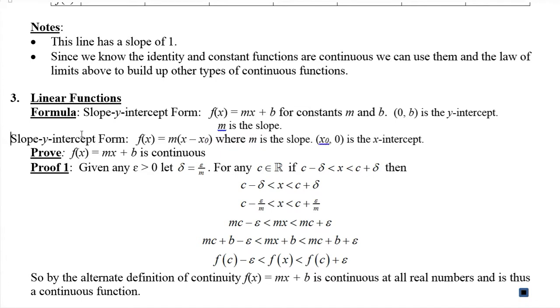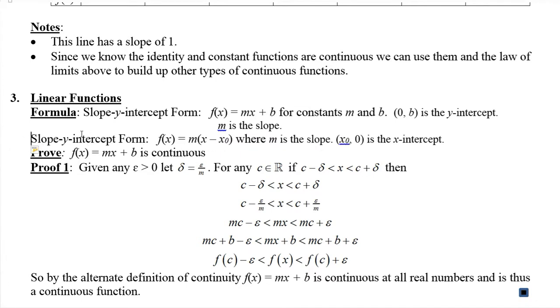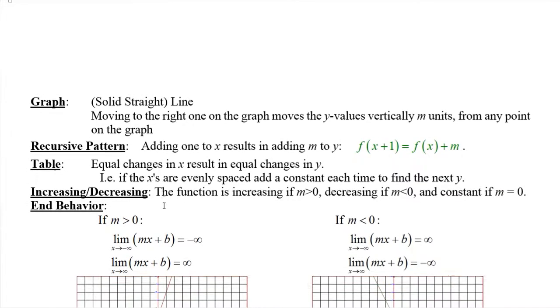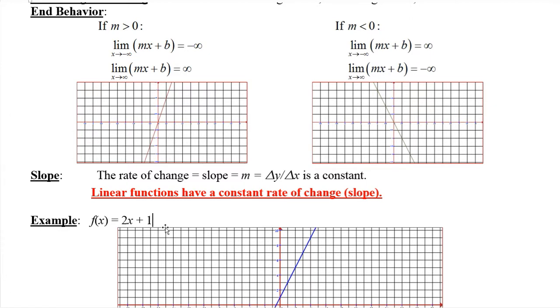That's the slope intercept form, or the slope y-intercept form. And then we have this other form here where we factor out the slope, and then you can see the x-intercept on that one. So let's take this one here: y equals 2 times x plus 1/2.